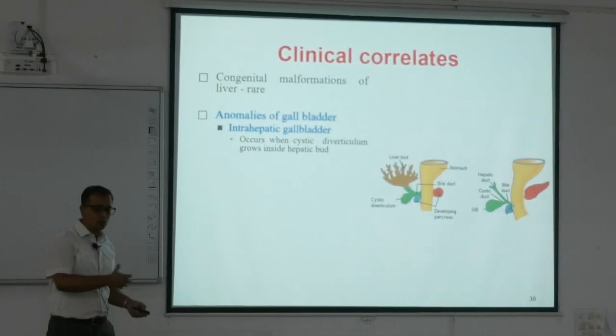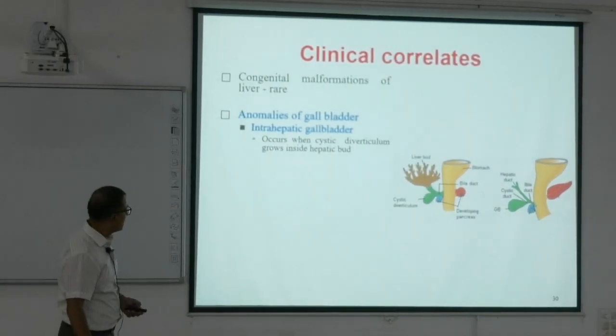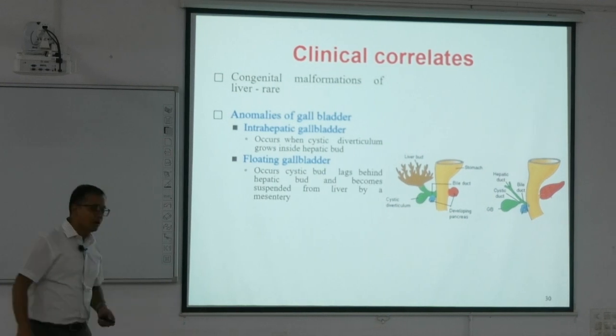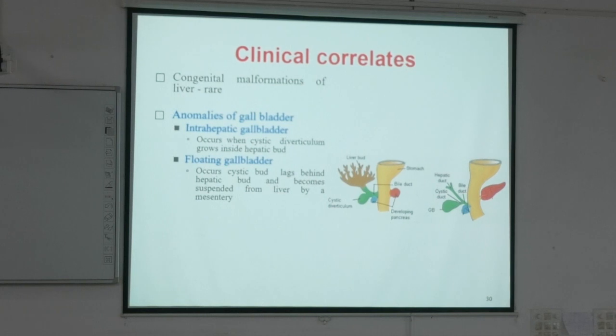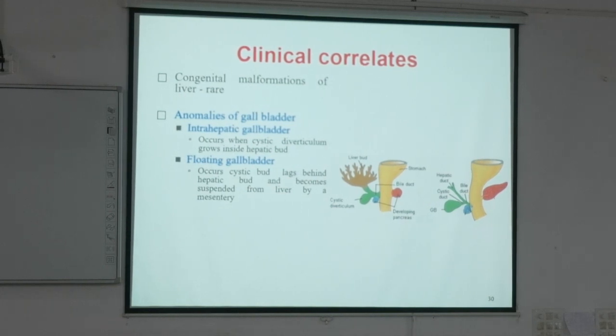So the gallbladder is loosely hanging on the transverse colon if it cannot keep pace with the liver bud growing. So we may have a floating gallbladder and an intrahepatic gallbladder depending on the error in the cystic diverticulum formation and transformation.